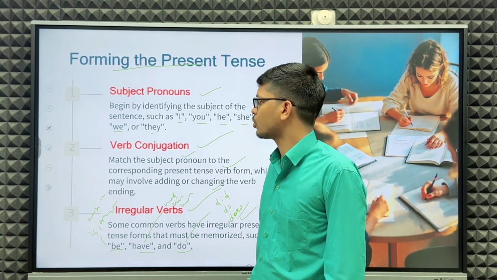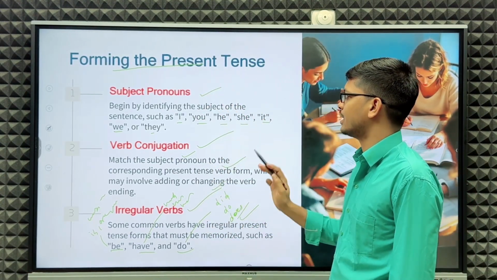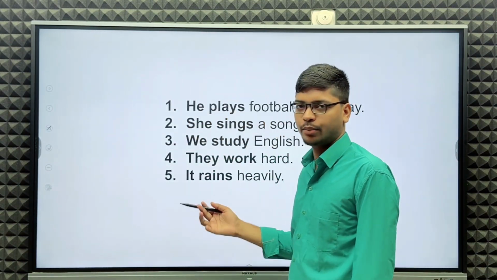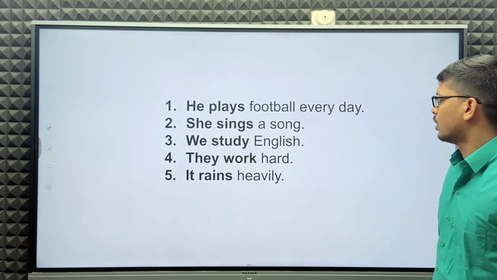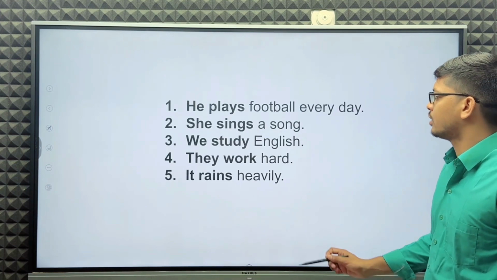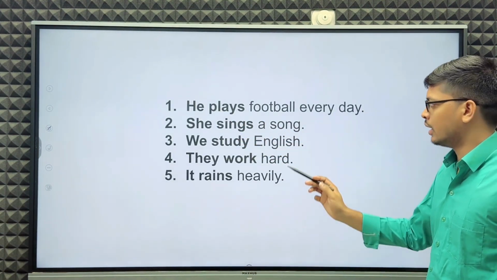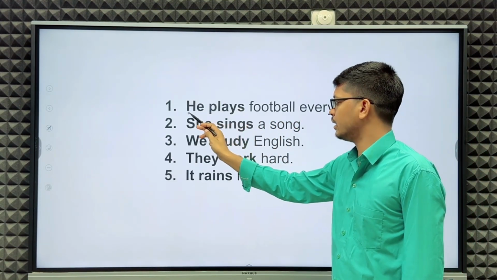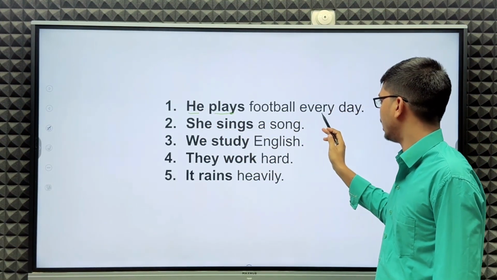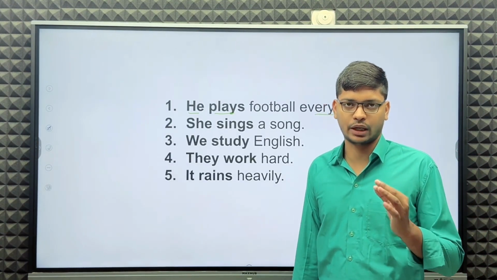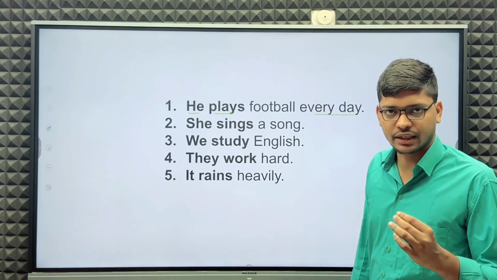Okay, so this is the forming of the present tense. Let's see examples. First example: He plays football every day. Every day is an adverb of time in the present tense.